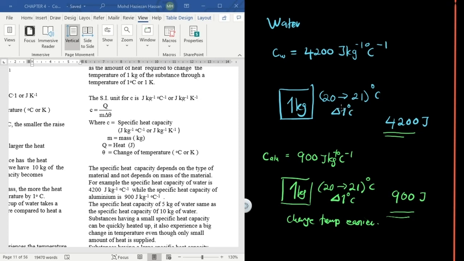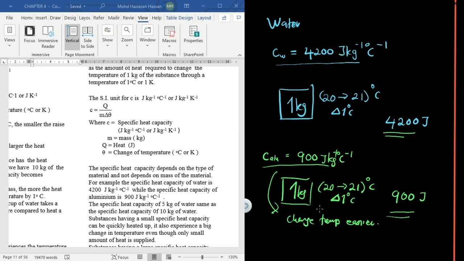Another conclusion, if you compare the specific heat capacity numbers given here: if the substance has a lower specific heat capacity, that means it is easier to change its temperature compared to the other one which has a higher specific heat capacity.